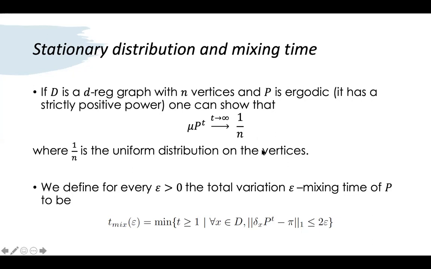So the question is, what is the behavior of this function, t mix epsilon, when epsilon tends to 0, what happens to t? And you believe that if you want to be very, very close to the uniform distribution, you need to wait a very long time. This is the idea.